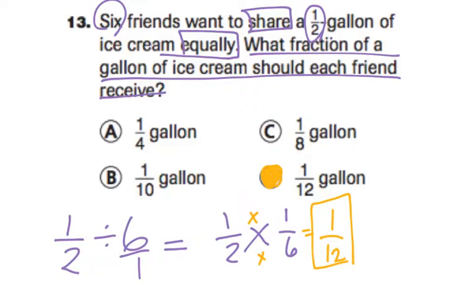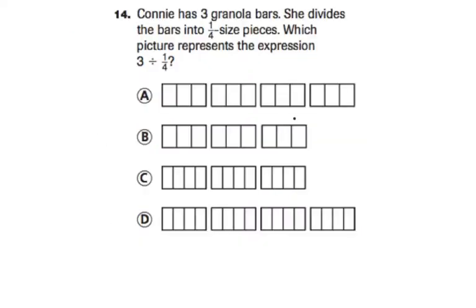All right, let's look at the next problem. Connie has 3 granola bars. Look, they already give us the keyword. She divides the bars into 1/4 size pieces. Which picture represents the expression 3 wholes divided by 1/4? All right, so now I need to see 3 wholes broken into fourths.